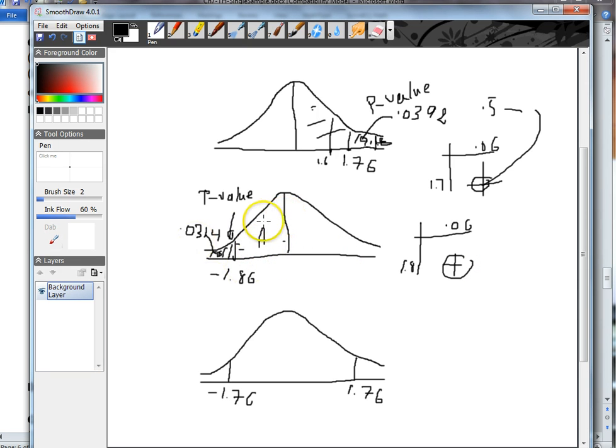So this whole area is 0.5 minus A, which gives me 0.0314, and that's my p-value. If I pick my alpha to be 1%, then I don't reject. If somebody else picked 4%, they would reject. Remember, the p-value is positive even though the z is negative, because p-values are probabilities. They are areas under the normal curve.